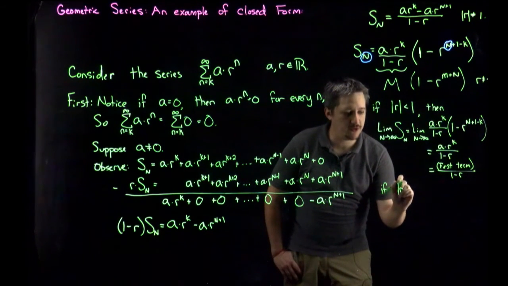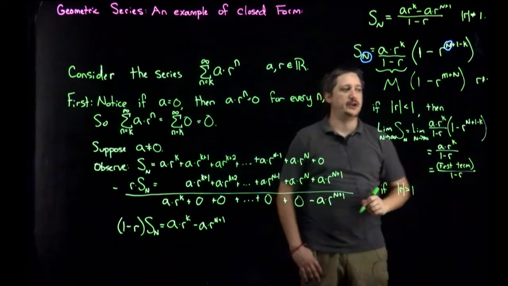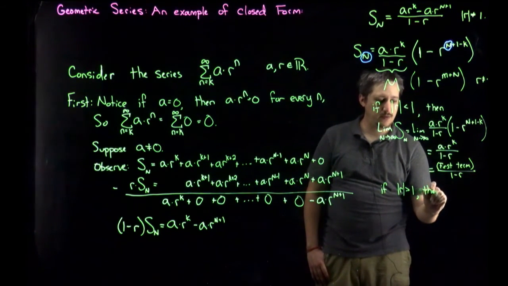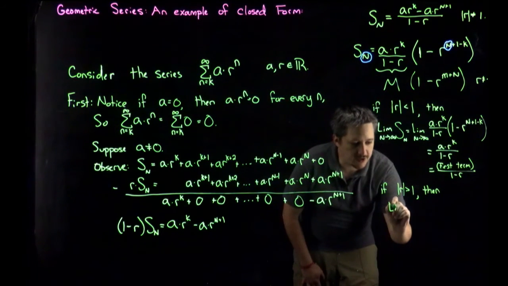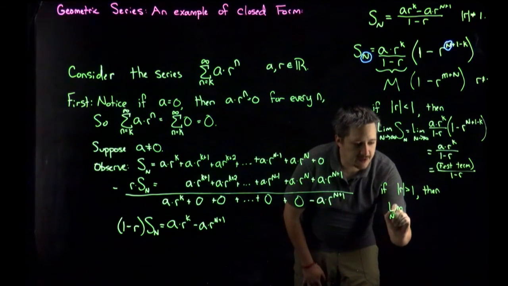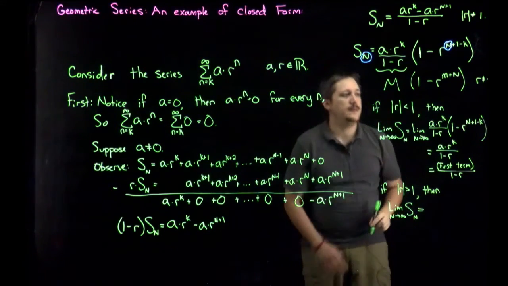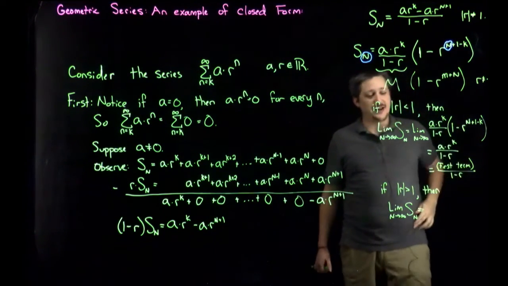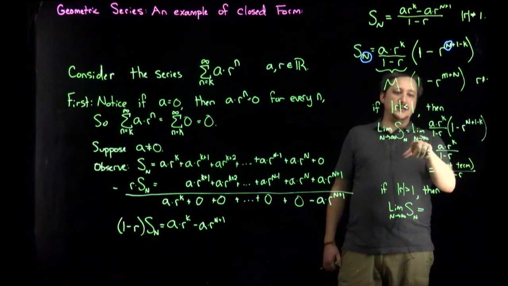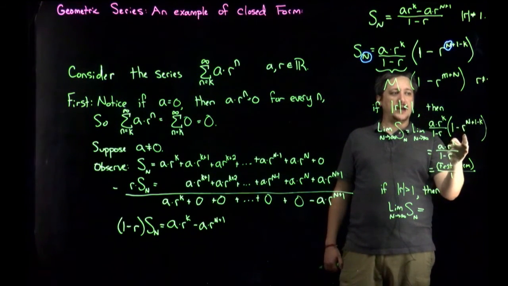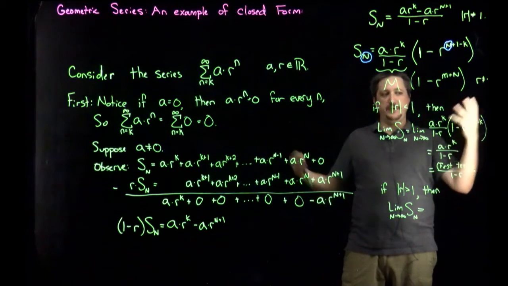If r in magnitude is strictly greater than 1, then again we'll have the limit as n goes to infinity of Sn. In the interest of everyone's sanity, I'm not going to rewrite all of this, but it's still going to be the same thing. Now if r is greater than 1, what happens? Well, I'm going to have something that is big.